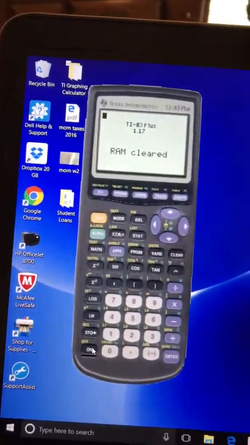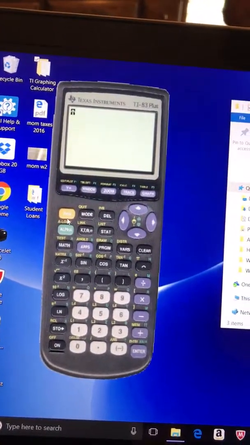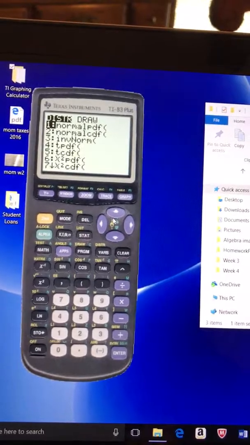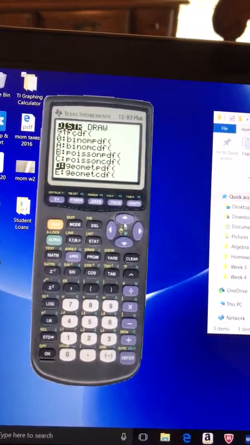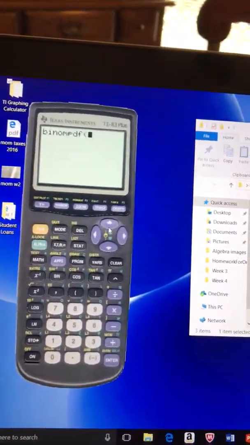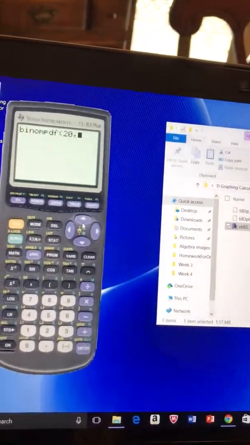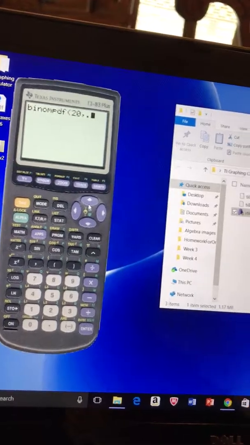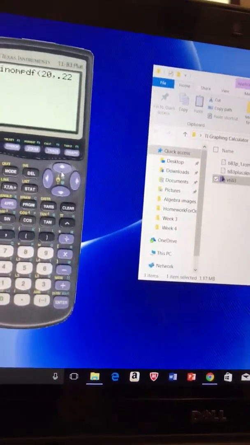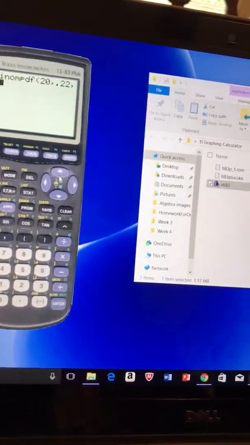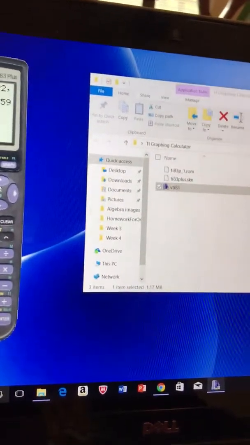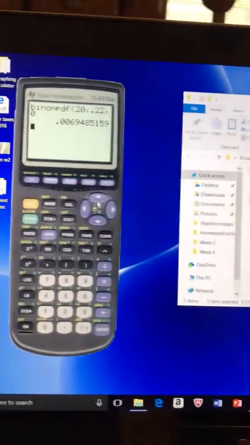So we go to second vars, go to binom PDF because we've got is equal to, and we do N, which is 20, comma P, which is 0.22, comma 0. And you should get 0.007.